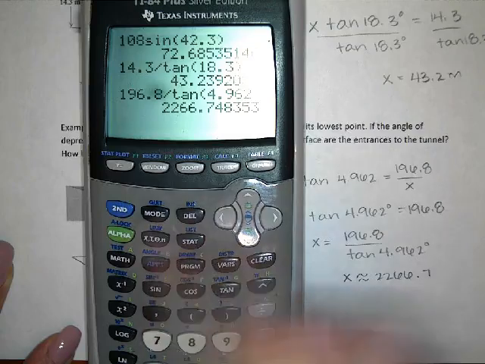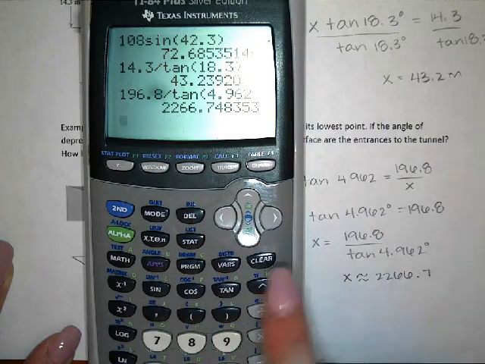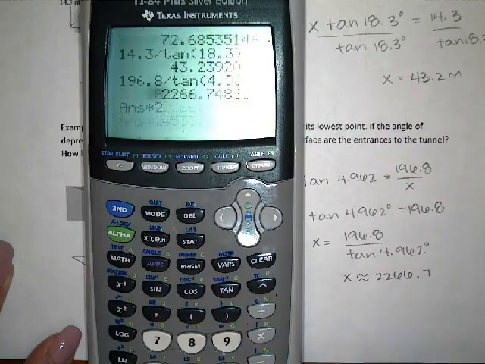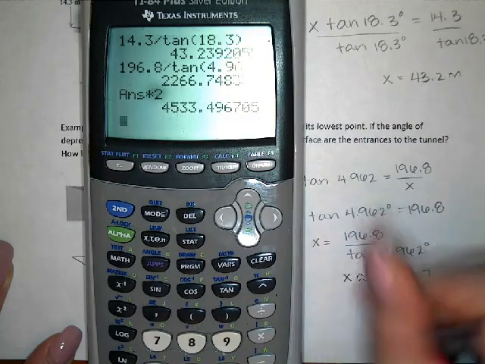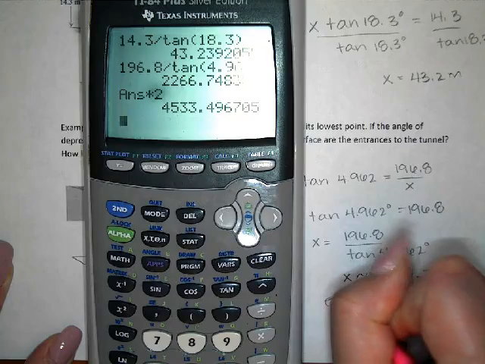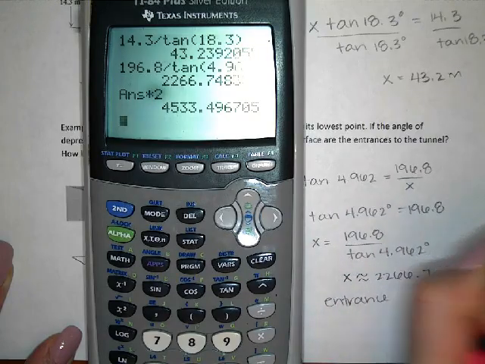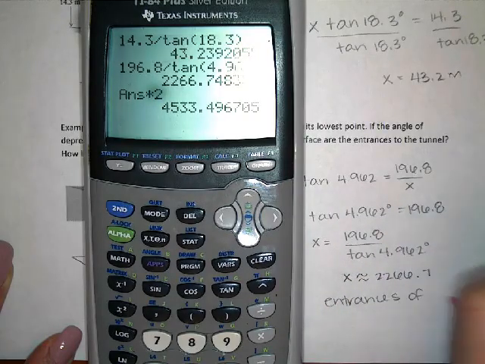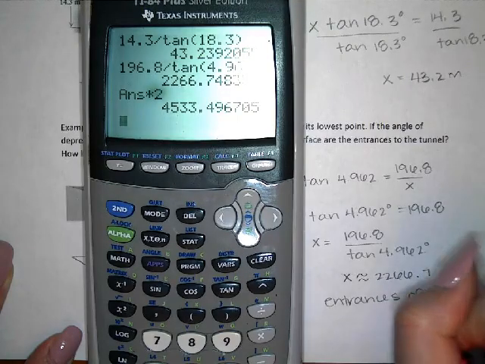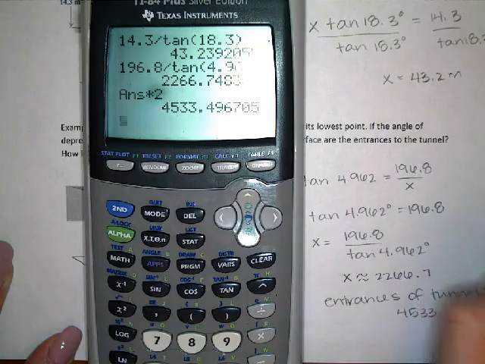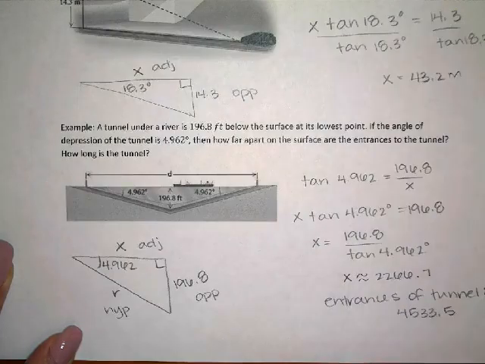So the entrances of the tunnel, and that was feet. Okay, and then now for the hypotenuse, you could use a trig ratio to solve for r, or you could use the Pythagorean theorem.